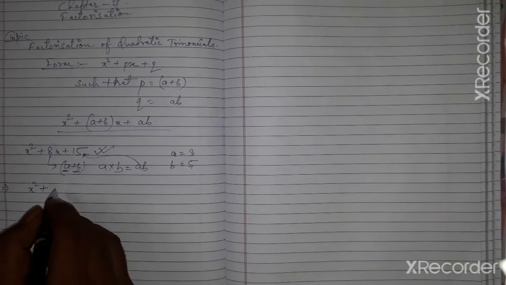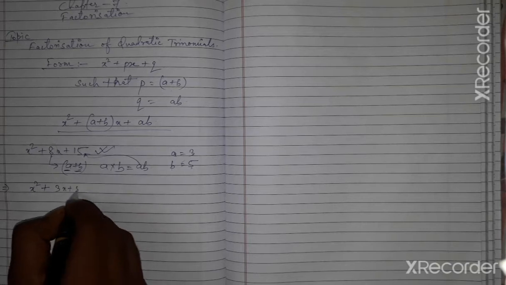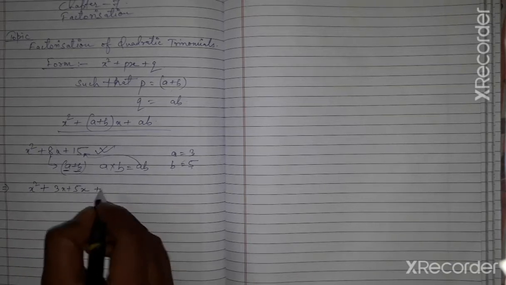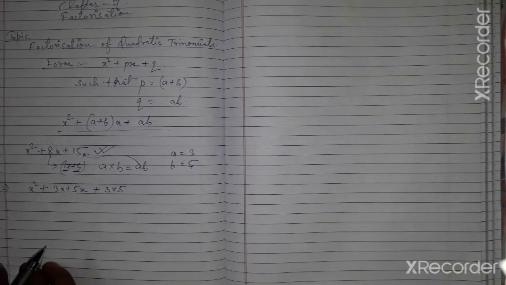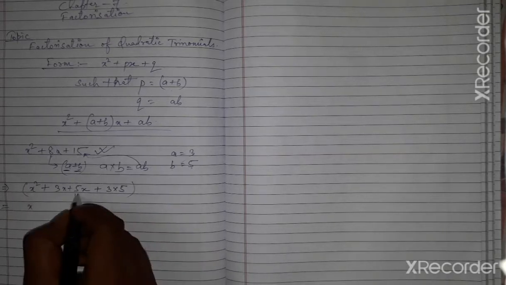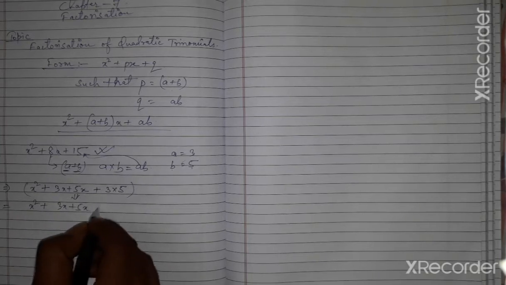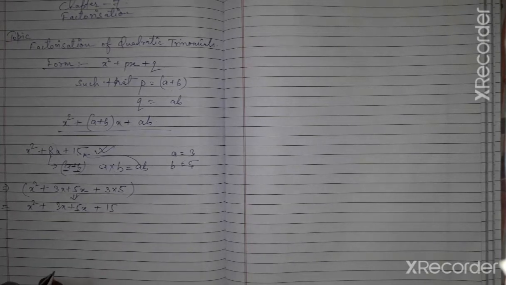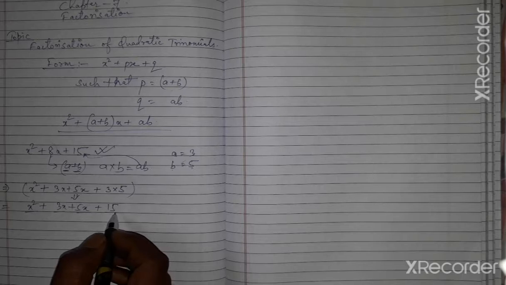So I may write it this way: 3x plus 5x plus 3 into 5. Or else I will write it this way also: x square plus 3x plus 5x plus 15. Now what I have to do? I have to take common from each and every term.